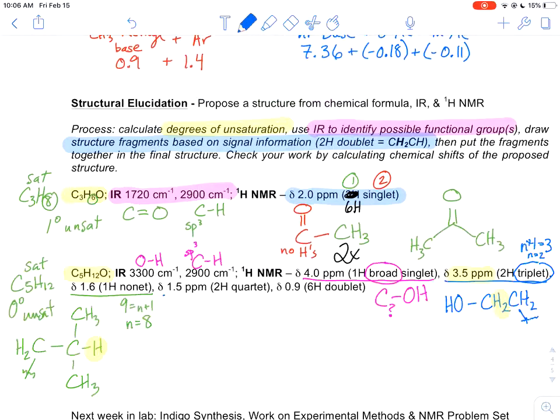Next, we'll go to this 2H quartet. So we have a CH2 group. If our N+1 rule equals a quartet, which is 4, that must mean that we have 3 neighbors. So we're focusing on this CH2 group because that's the central signal of 1.5, and it's next to a CH3 group.